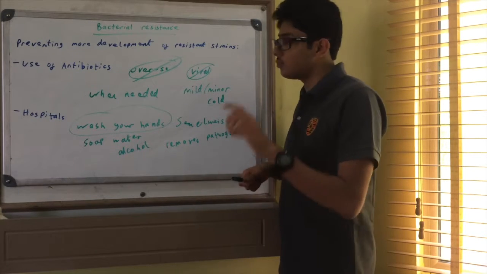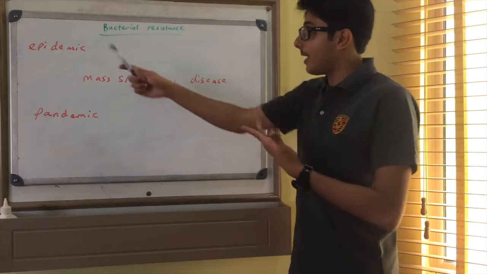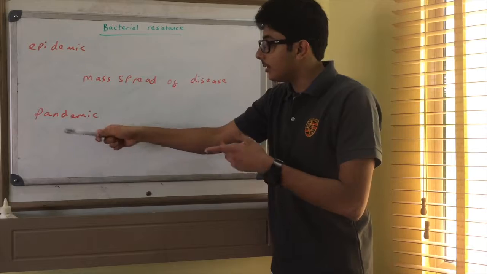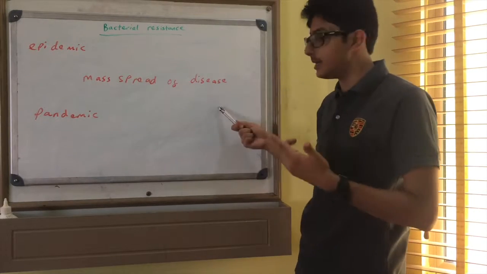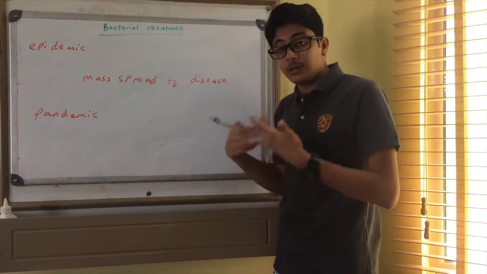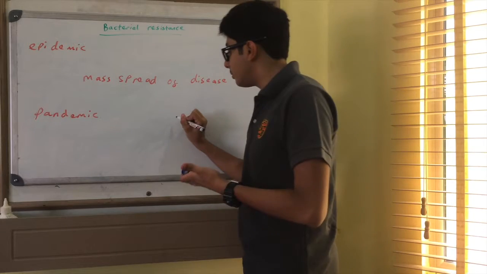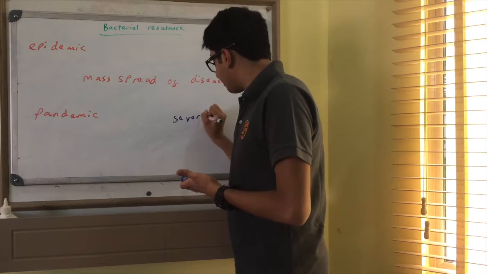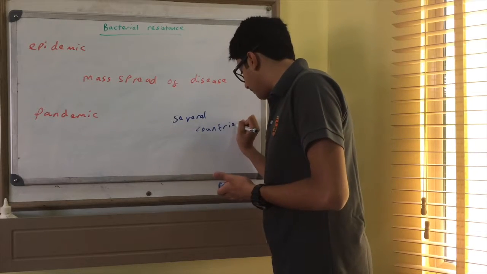Now I'm going to talk about just one more thing, pandemics and epidemics. Both epidemic and pandemic have something to do with the mass spread of disease, when there are more cases of a particular disease than expected. But pandemic usually refers to more than one country, more than one area.